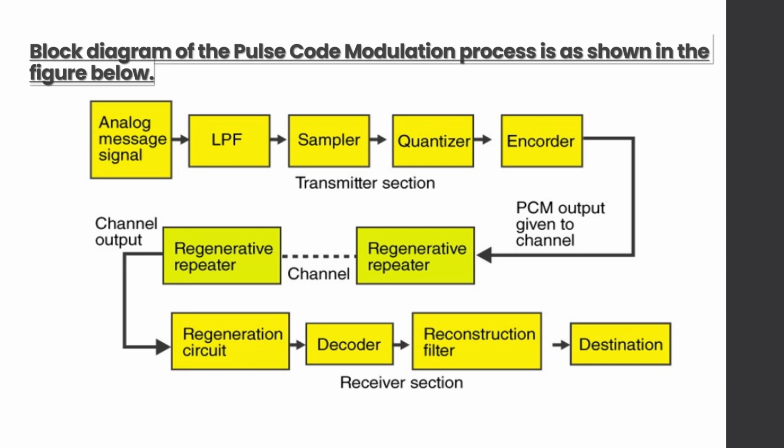Then the channel output goes to a regeneration circuit, then to a decoder, then to a reconstruction filter, and then to the destination.